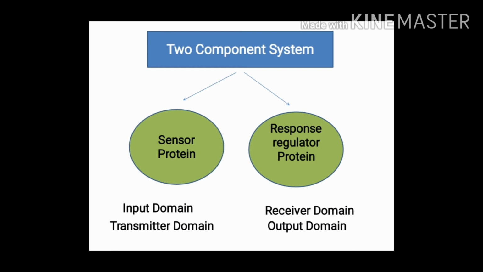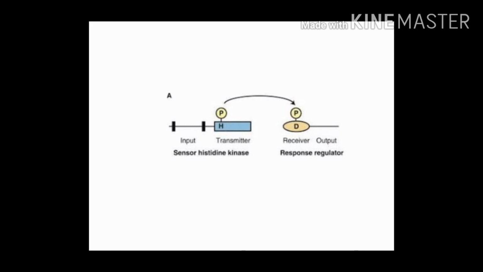When a particular signal or environmental change is sensed by the input domain of the sensor protein, then it activates its transmitter domain. The signal is passed from this transmitter domain to the receiver domain via protein phosphorylation. Transmitter domain have the ability to phosphorylate themselves using ATP on a specific histidine residue near the amino terminus.